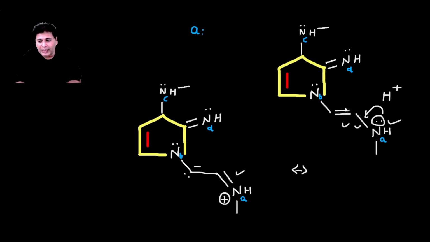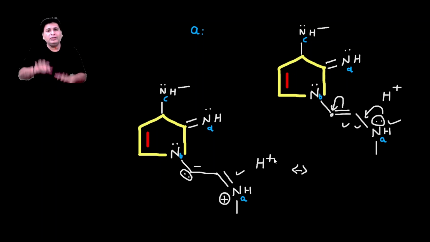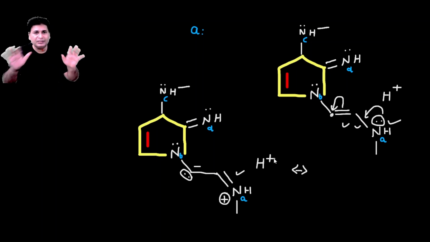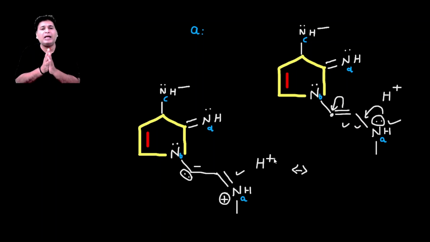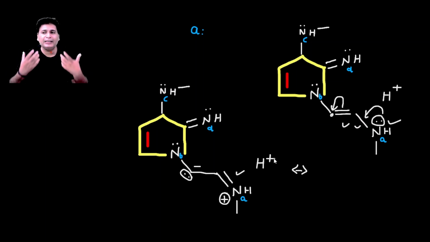Simultaneously, these pi electrons will shift onto this carbon, bringing a negative charge and a lone pair, as you can see in your picture. So the H plus is looking at all these circumstances and feels that it has come for electrons, and since electrons are engaged in some conjugation, the availability is decreased.